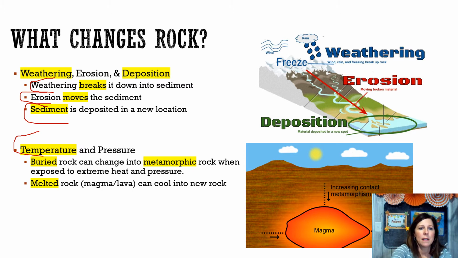So on our notes, we know that buried rock can change into metamorphic rock when it's exposed to the extreme heat and pressure. And melted rock, we call magma if it's inside of Earth, and lava if it has reached Earth's surface. That can cool into new rocks as well.